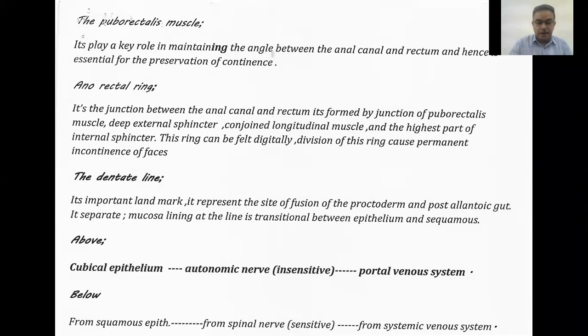The dentate line is an important landmark representing the fusion of the proctoderm and the postallantoic gut.